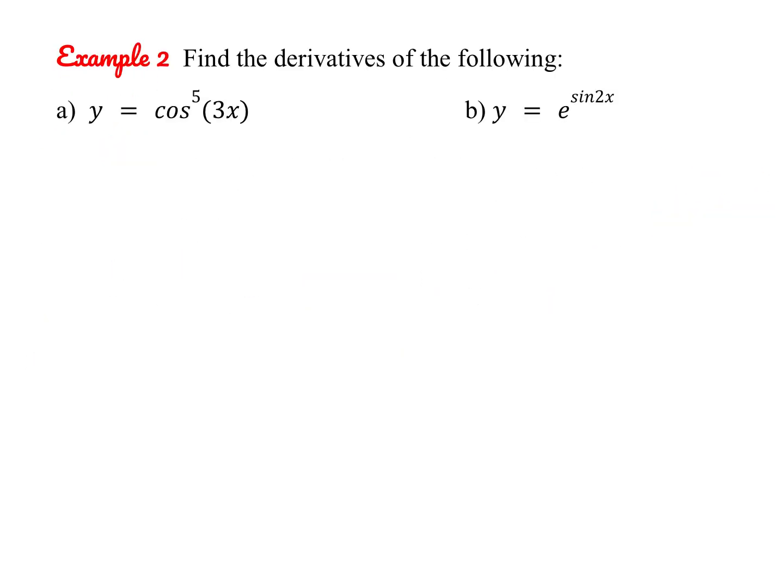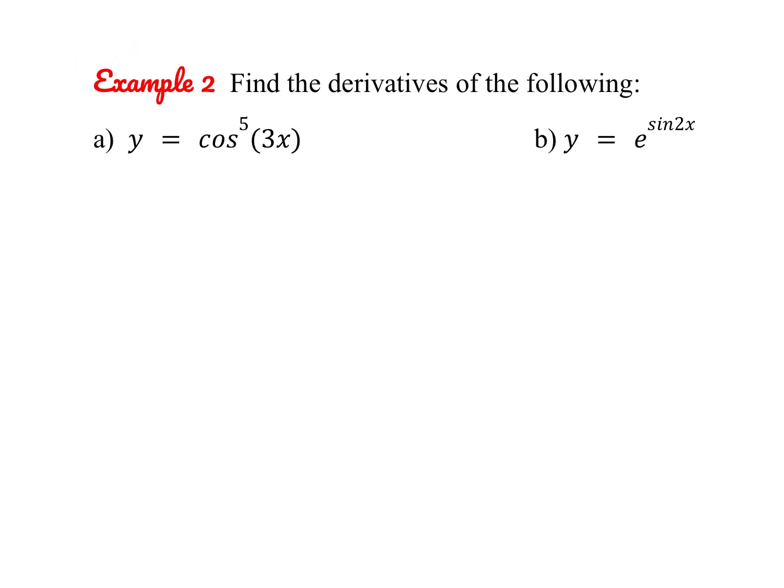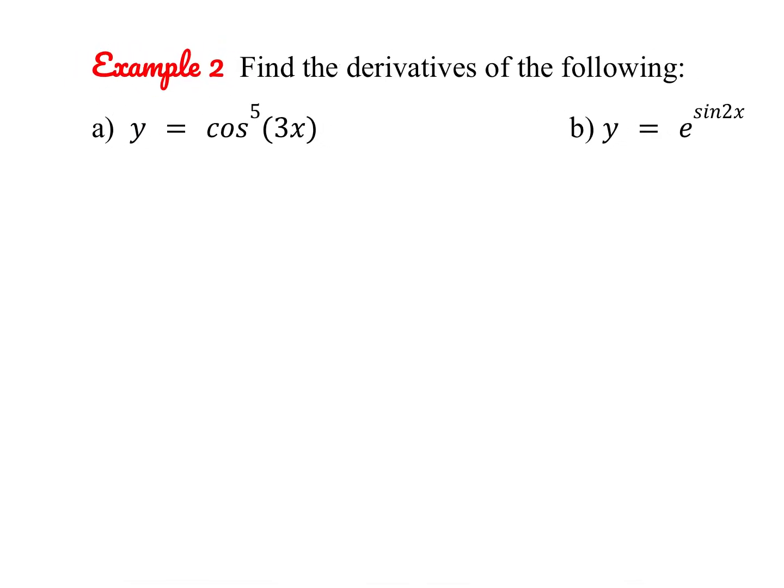All right, now let's give these two a try together. For each of these, you'll see that there's a composition of 3 functions. There's an outer, a middle, and an inner. For part A, we can see again that our outer function would be that x to the 5th function, so we're going to start with that. We'd use our power rule.